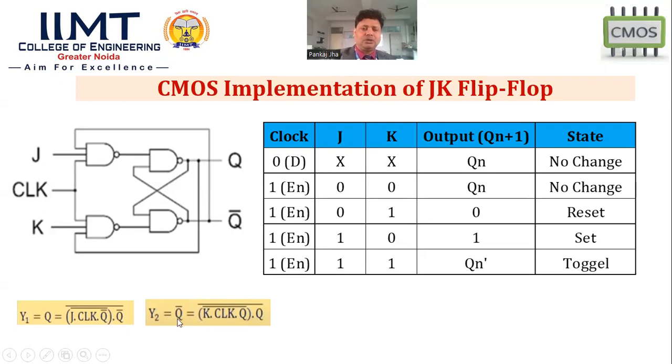Understood? So the output of Q bar will be K dot clock dot Q, complemented, multiplied with Q, whole complement. Understood?